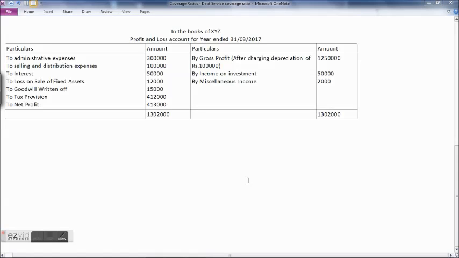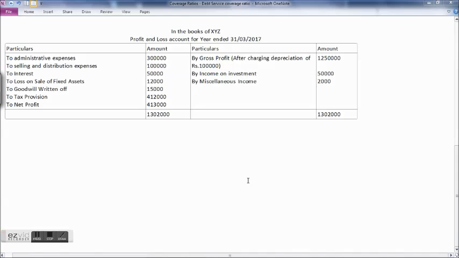This is the example. In the books of XYZ, profit and loss account for the year ended 31st March 2017. To administrative expenses 3 lakh, to selling and distribution expenses 1 lakh, to interest 50,000, to loss on sale of fixed assets 12,000, to goodwill written off 15,000, to tax provision 4 lakh 12,000, and to net profit 4 lakh 13,000.